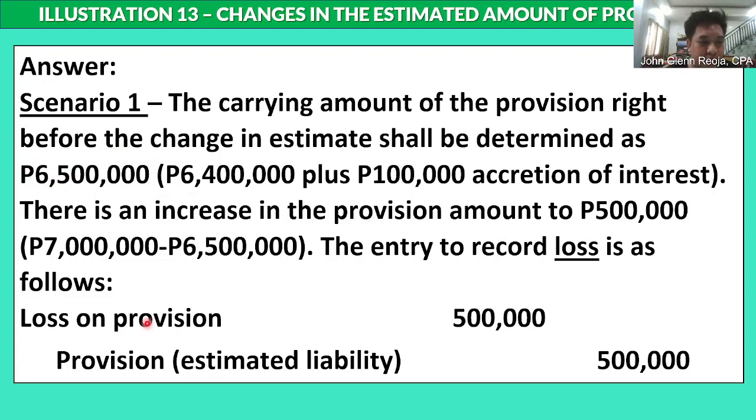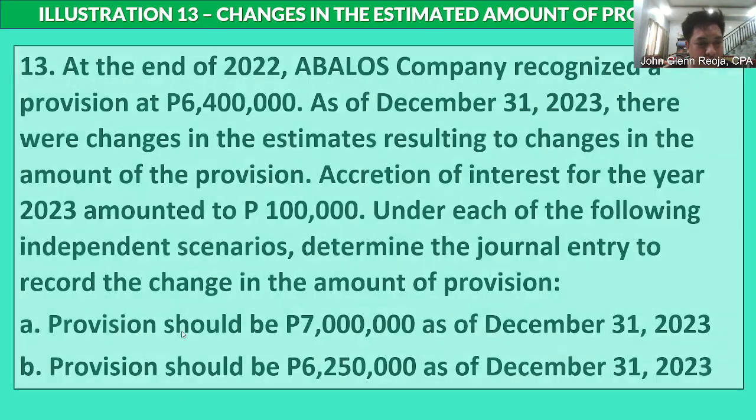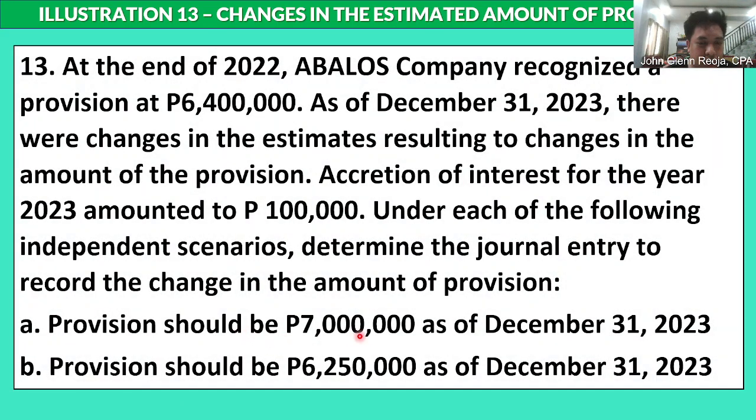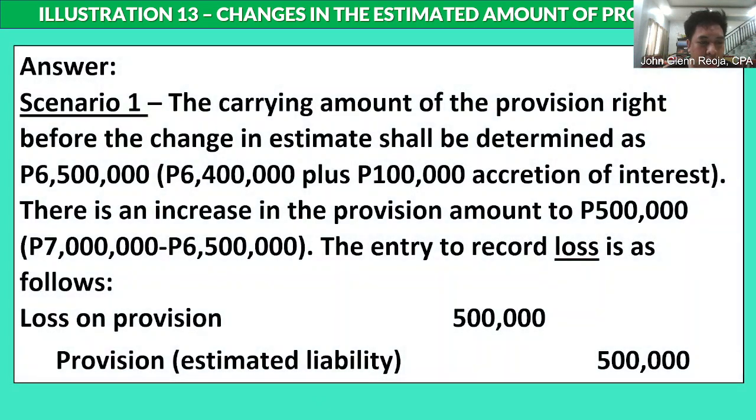So, from 6.5, sabi sa Scenario A, the provision should be 7 million as of December 31, 2023. So, may increase by how much? That is 500,000. So, we debit loss on provision 500,000, since this is an additional liability. And then we credit provision, estimated liability.